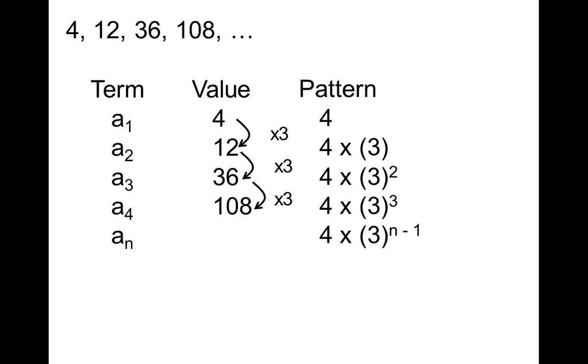So if I want to write an nth term formula for this particular sequence, I would start with the 4 and then I have to multiply by a number of 3's, and the number of 3's I multiply by is 1 less than the position of the term I'm trying to find.